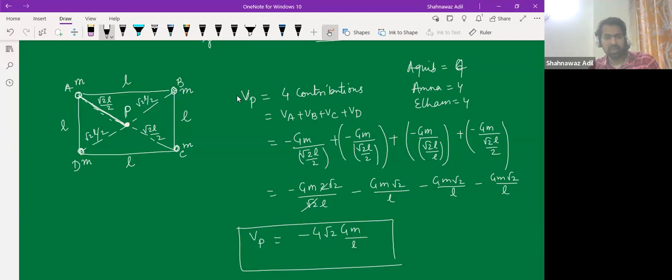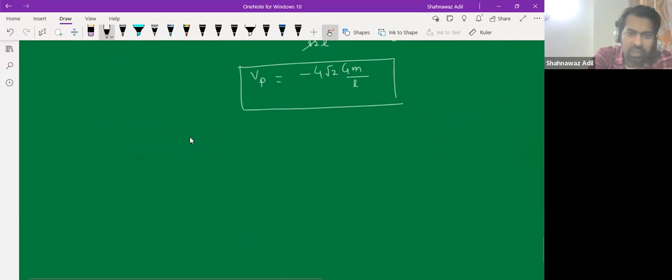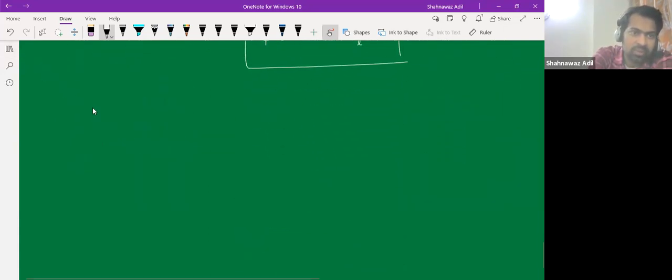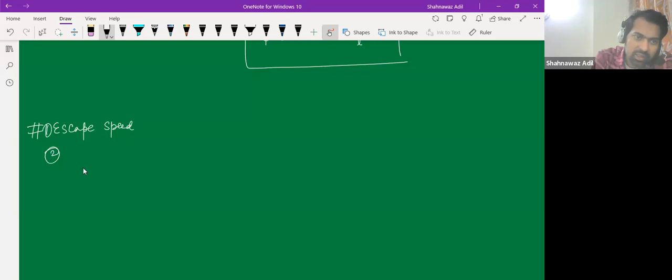Okay, so electric potential is done. Now we have three topics: one is escape speed, then we have orbital speed, and then we have the energy of this system.